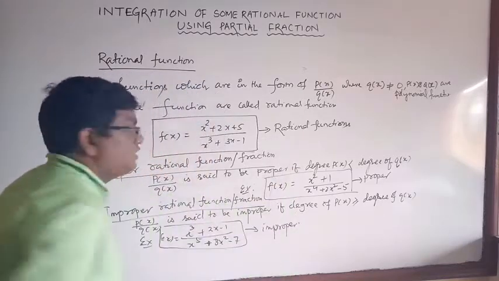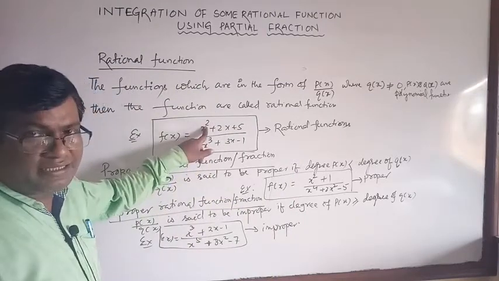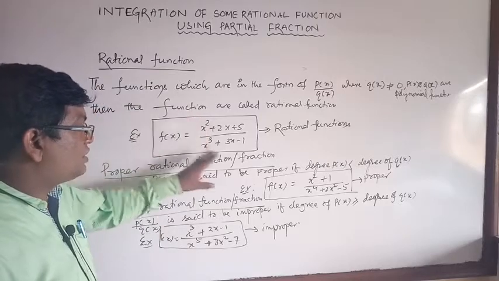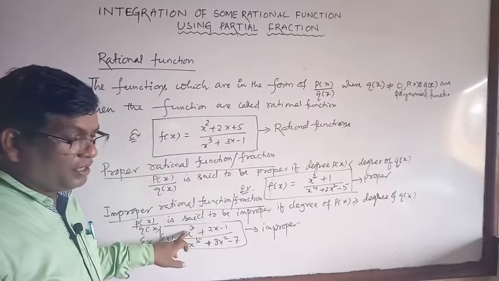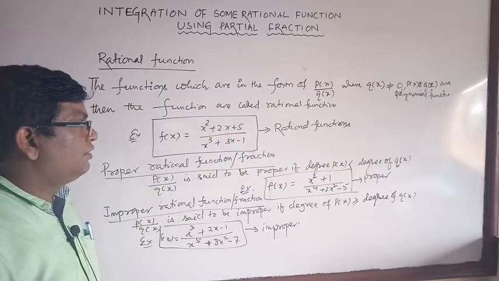If the degree of the numerator is less, then it is proper. If the degree of the numerator is greater than the degree of the denominator, then it is called improper.